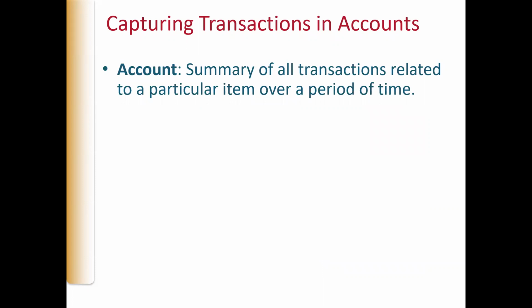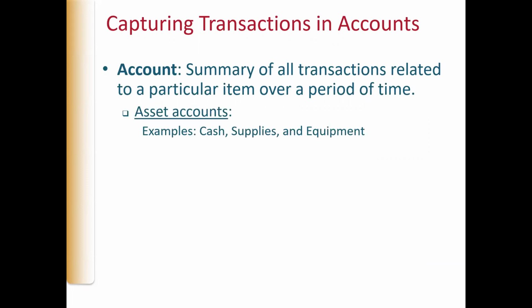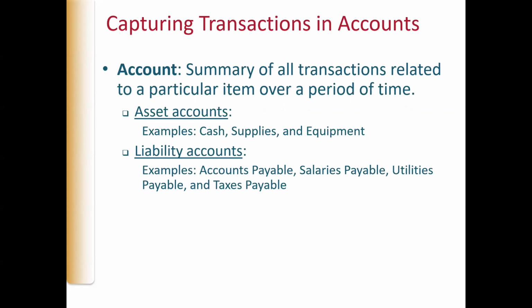So we learned last week that an account is a summary of all the transactions related to a particular item over a period of time. Now, we talked last week that a category can be called an asset. And in that category, we can have various accounts, such as cash, supplies, equipment, buildings, and investments in other companies.